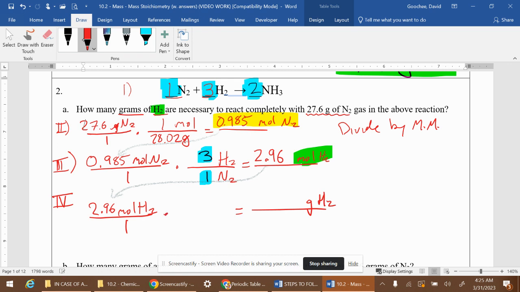All right, so to do that, we have to get out of moles and into grams. And to do that, we multiply by the molar mass. All right, so hydrogen is 1.008. So H2 is going to be 2.016. All right, where'd this number come from again?